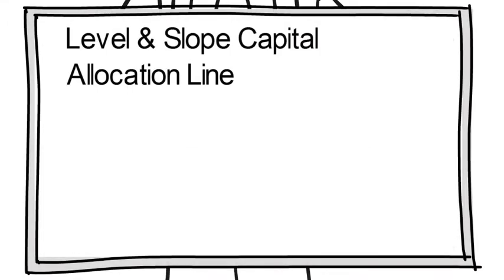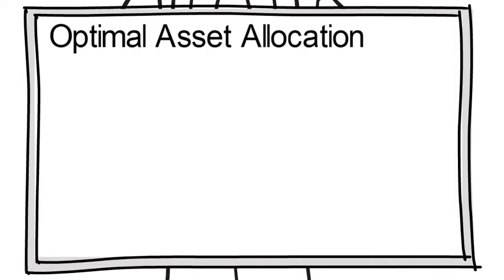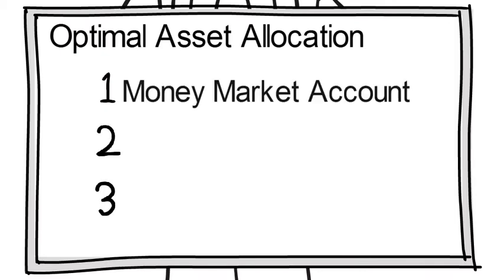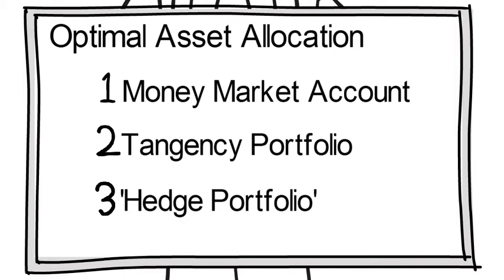The level and slope of the capital allocation line are stochastic in that framework and move across time. Merton derives in that paper that the optimal asset allocation is made up of three portfolios: the money market account, the classical tangency portfolio, and something which is called a hedge portfolio.